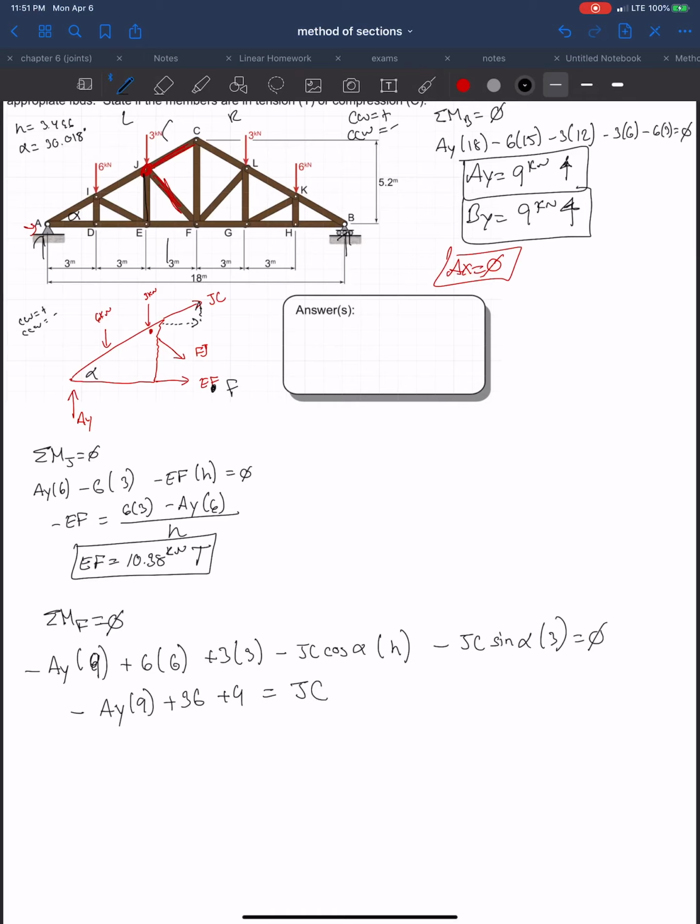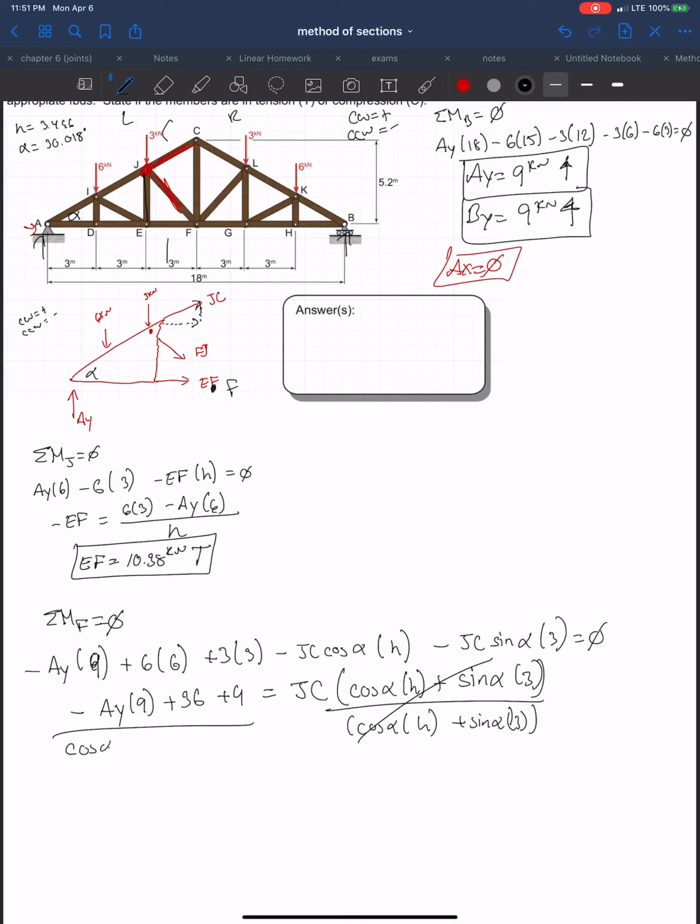Those both turn positive, right? I'm going to go ahead and factor the JC out. It's going to be cosine h plus sine 3. I'm going to go ahead and divide that by this. It's going to cancel.